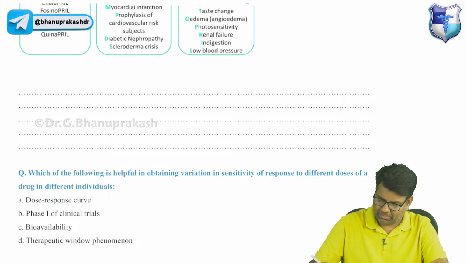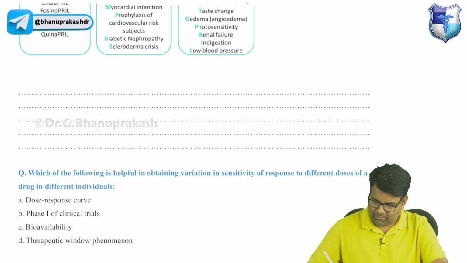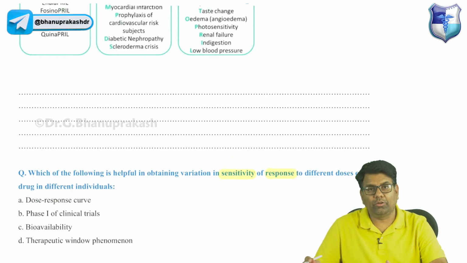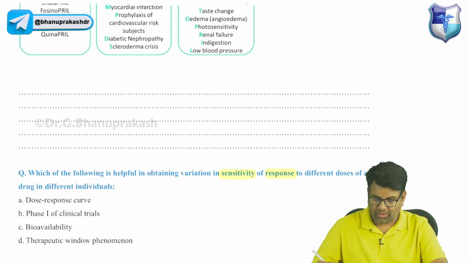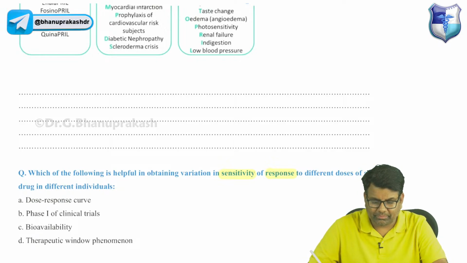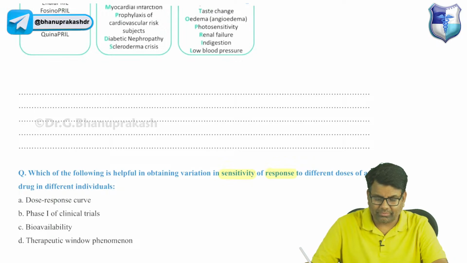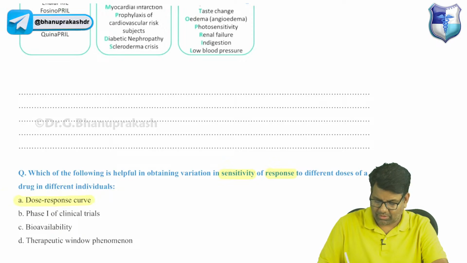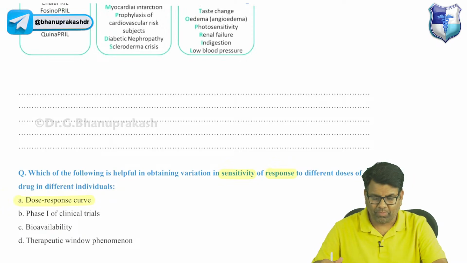This is a good question. Which of the following is valuable in obtaining variation in sensitivity of response to different doses of drug in different individuals? So what will we prefer? Yes, this is the dose response curve.